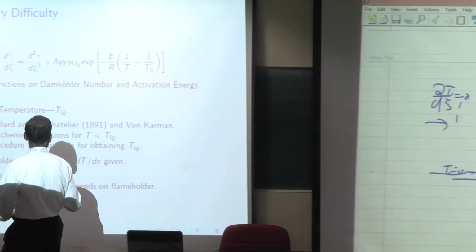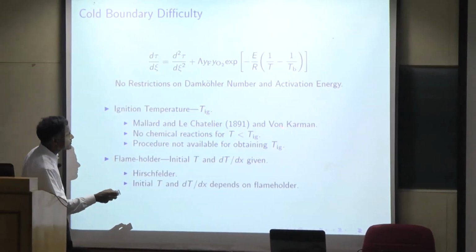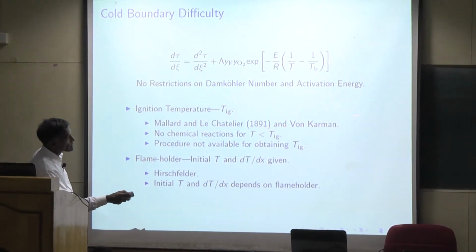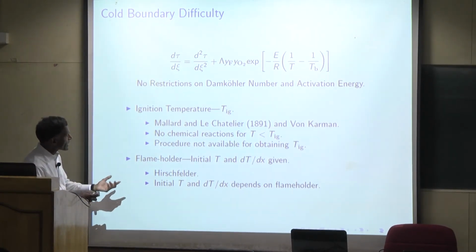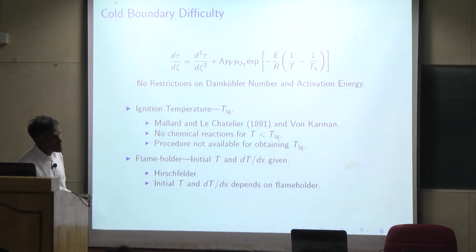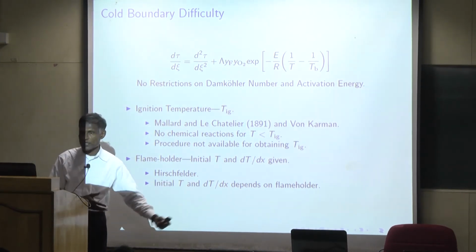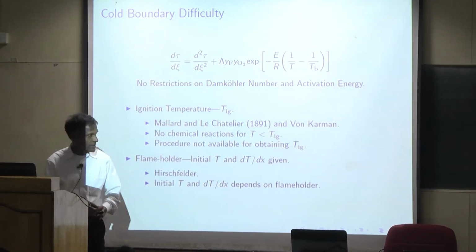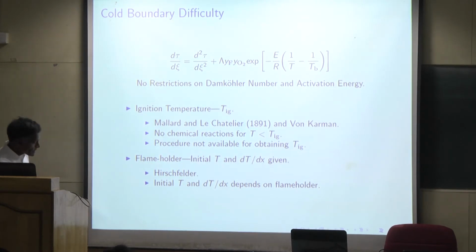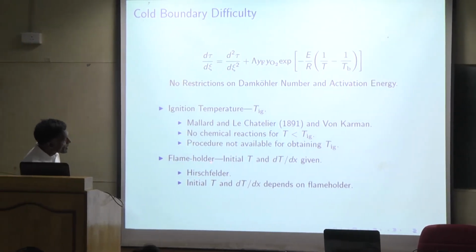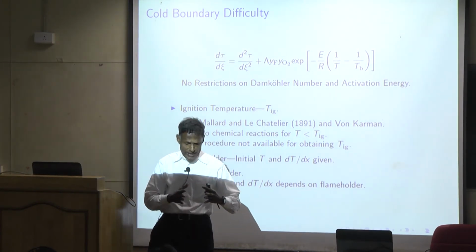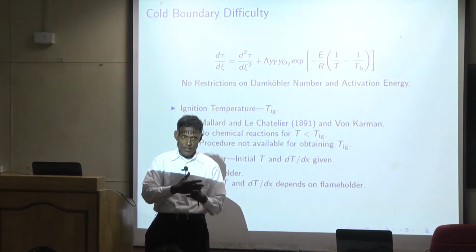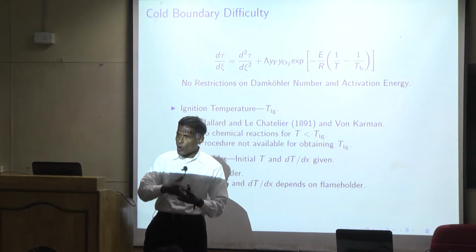That's what Mallard and Le Chatelier, as well as von Karman, who proposed this ignition temperature concept, said. But the unsatisfactory part of this concept is that there's no way to say what that ignition temperature should be. The other analysis was by Hirschfelder, who said that if you take any flame, it is always stabilized on the burner, so there are always heat losses.